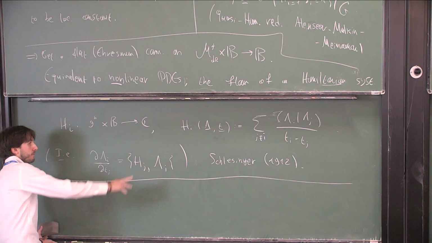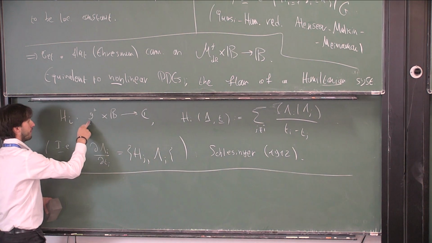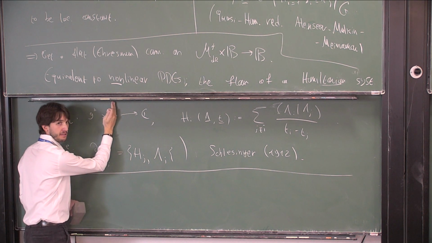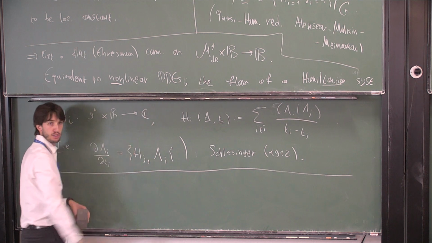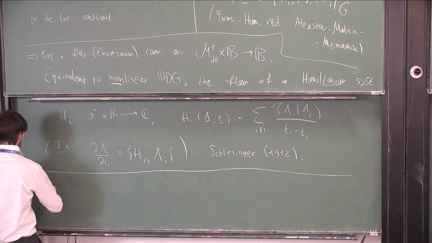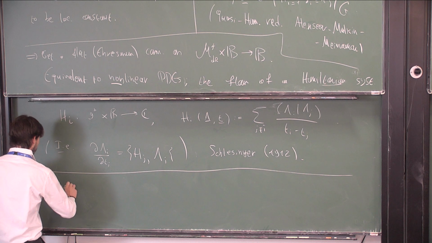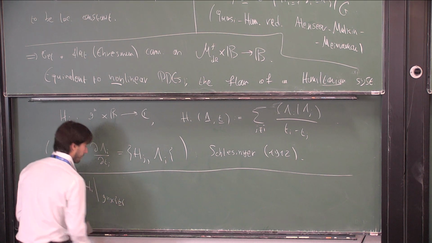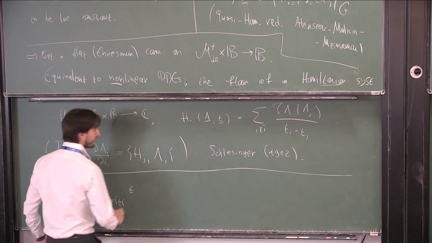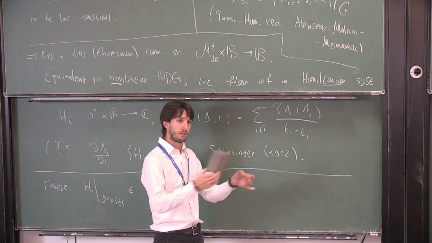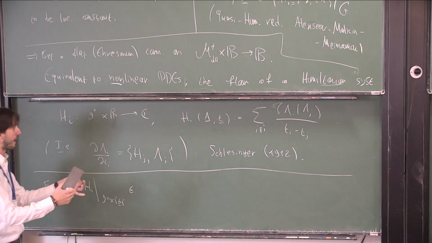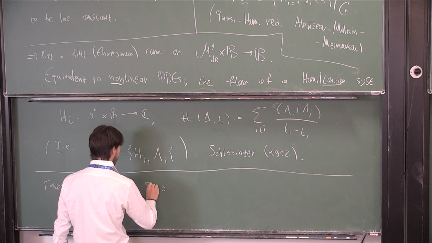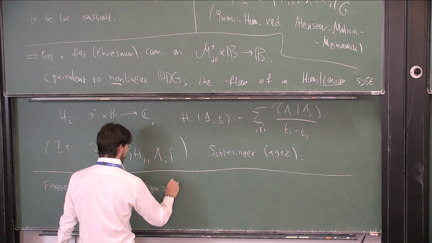So note that this is a function depending on the residues and the positions of the points, but you can freeze the positions here and just get a map from G^n to B. So if I freeze, I get H_i restricted to G^n cross one particular position of the points. And this is now a quadratic function on an n-tuple of elements in the residue. So this naturally lies in Sym(g)^{⊗n}.